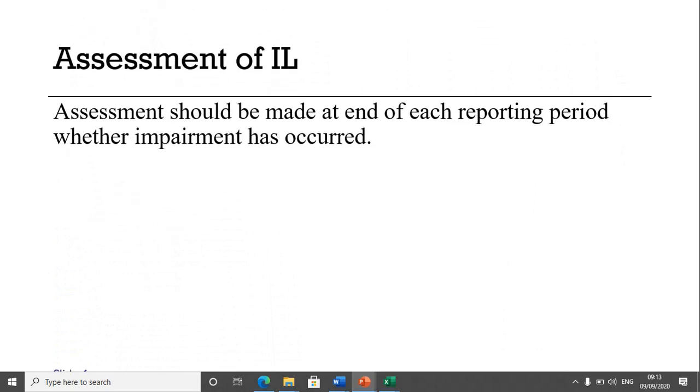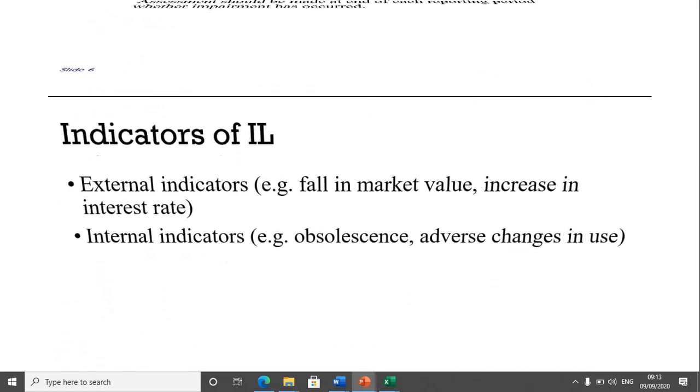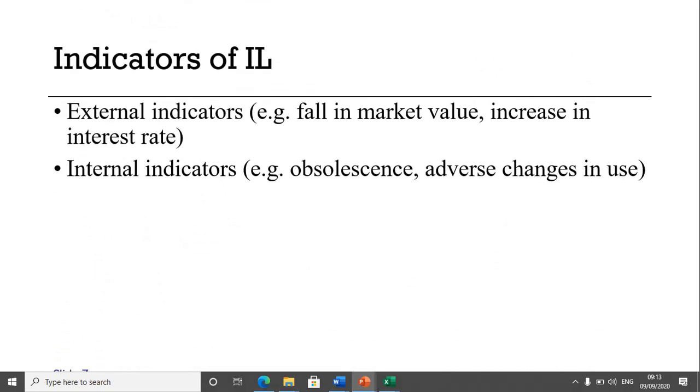Right. Now, assessments of impairment should be made at the end of each reporting period, whether impairment has occurred or not, for us to ensure that the assets we carry in the financial statements are not overstated. Now, how do we know that an asset has been impaired? We have information from external sources as well as internal sources.